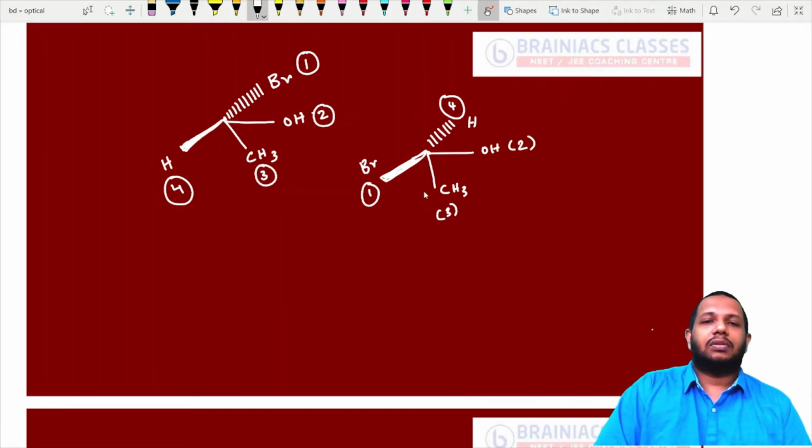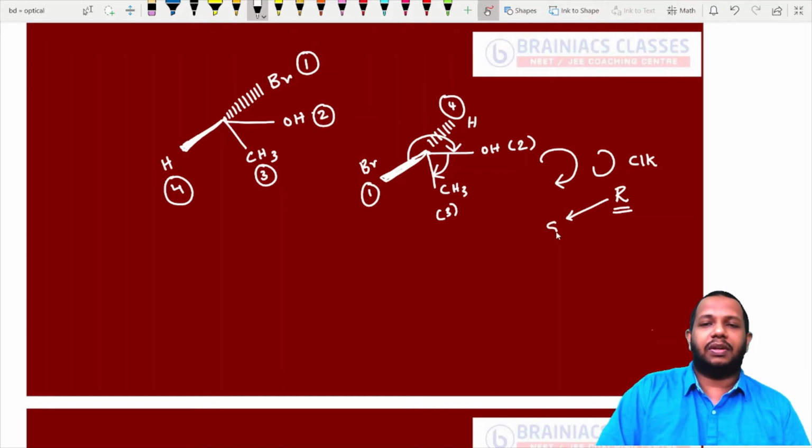We know that 1 to 2 will come like this, and 2 to 3. So in what direction is it moving? You can see here, this is moving in clockwise direction. If it is clockwise, what configuration is it? R. But we know that we made a change, so we need to take the opposite of this one. So the actual answer will be S configuration. So this configuration is S.